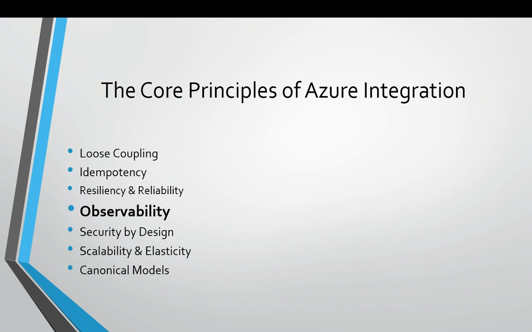Right. So, in terms of observability, it means having the ability to understand what's happening inside our system, even when things go wrong, without guessing. We need to have a clear understanding of what's going on in our Azure systems.